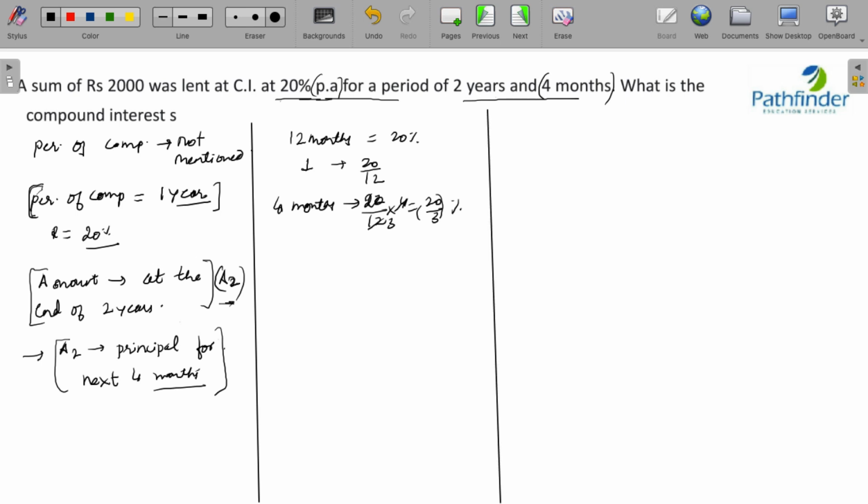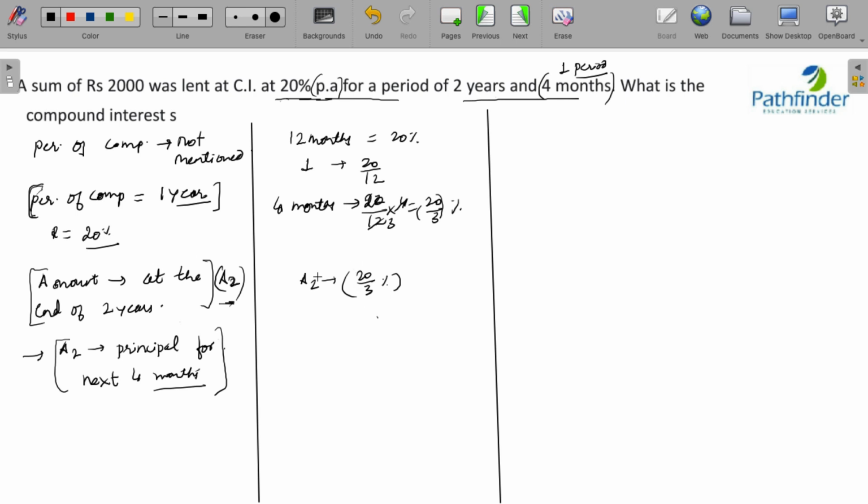Now once we arrive at this, we know that once we calculate the amount at the end of 2 years, on this amount for this entire period, we will charge an interest of 20 by 3%. And we will treat this period as one period only, because since 20% is for 1 year, for 4 months we've already calculated the interest rate.